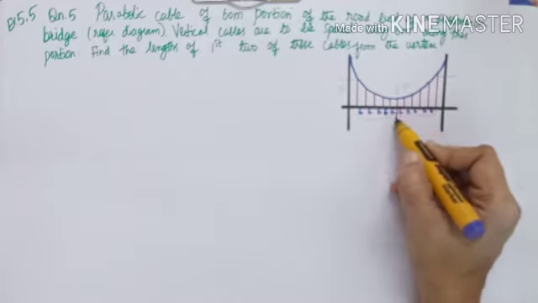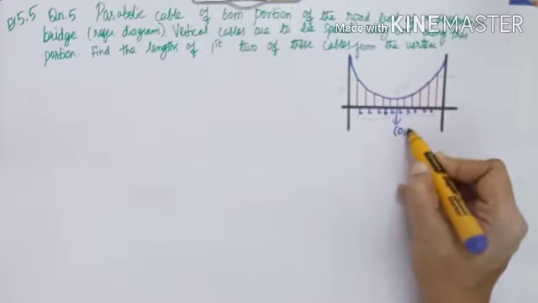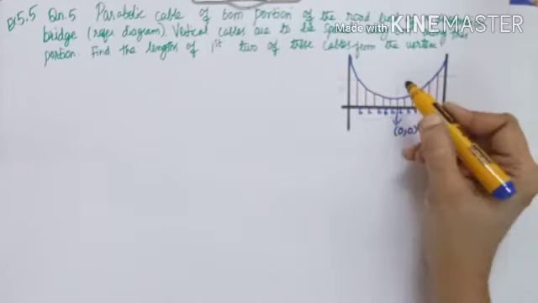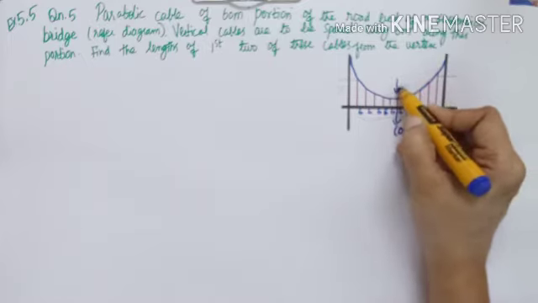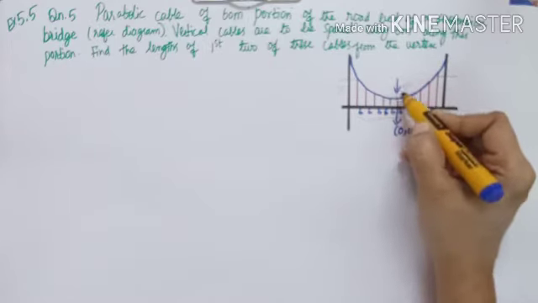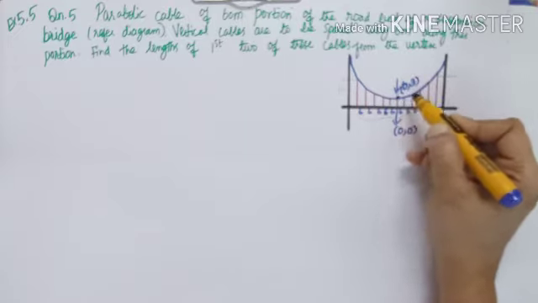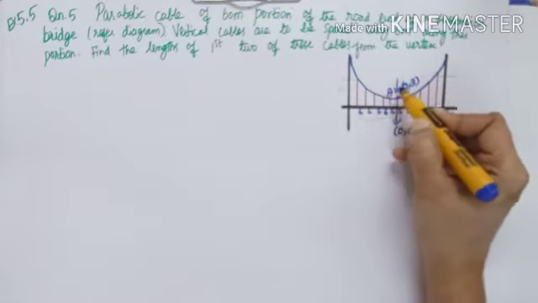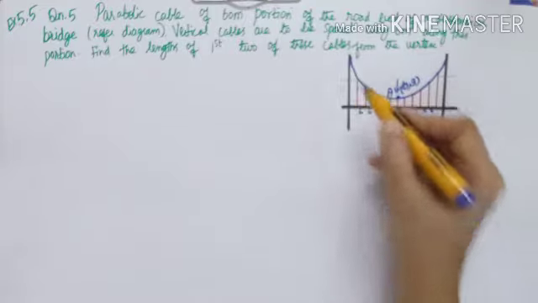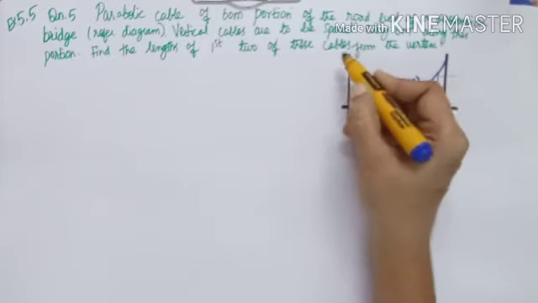Let us treat this vertex as 0, 0. They have given 3 meters in the question. So this tells me 0, 3 is the vertex of this parabola. It is opening upward.